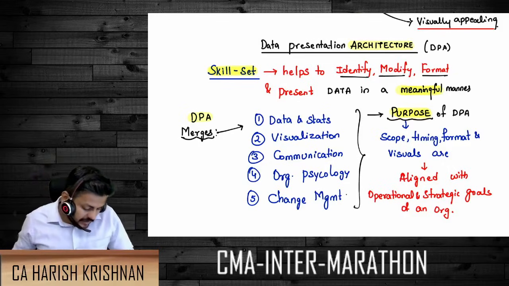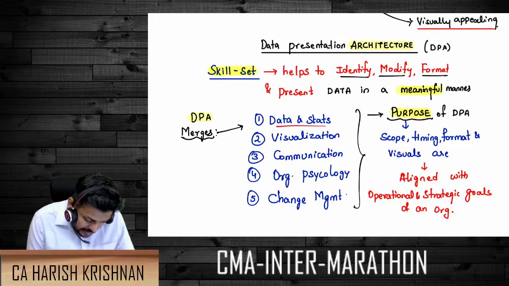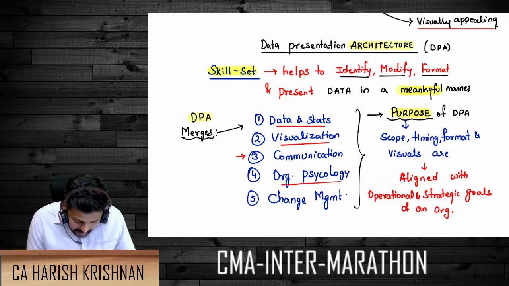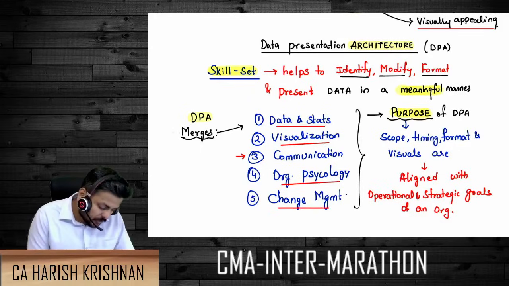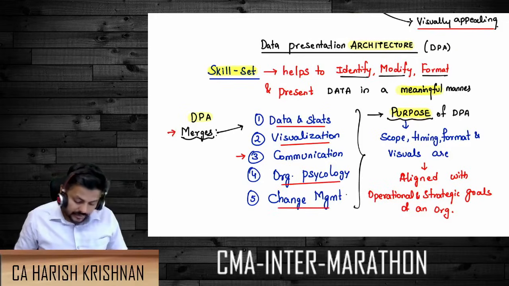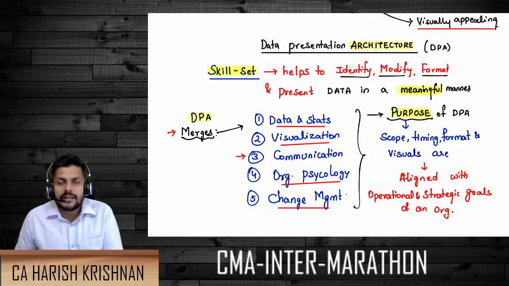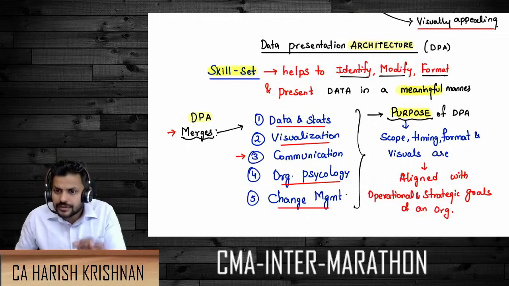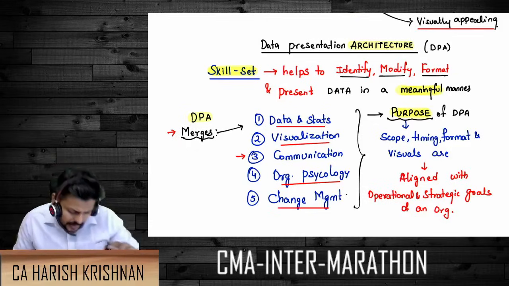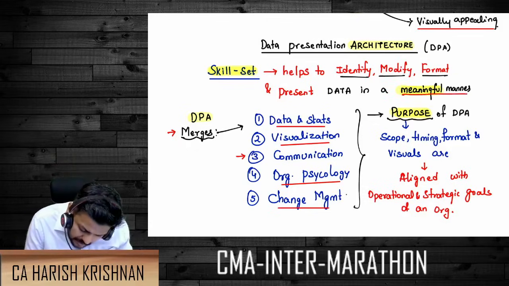So data presentation architecture merges data and stats within visualization, talks about communication, and blends in organizational psychology and change management aspects. So it merges all these five concepts and blends them into one, so that it is helpful in presenting the data in the most precise, concise and visually attractive manner. In one word, they called it a very meaningful manner.